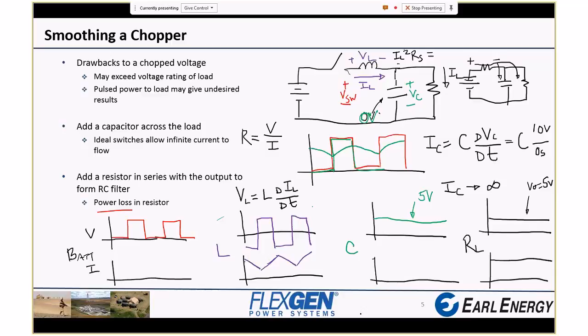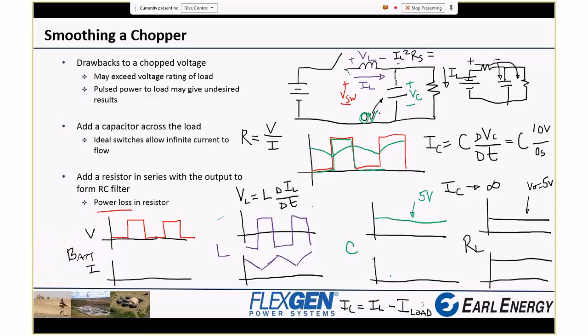If I would state that in equation form, IC equals IL minus I_L. The inductor current minus the load current is the capacitor current.